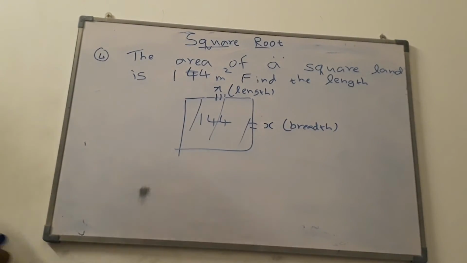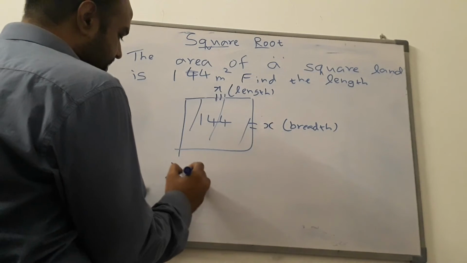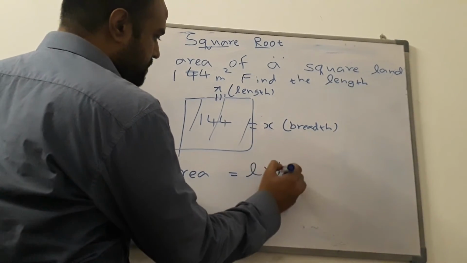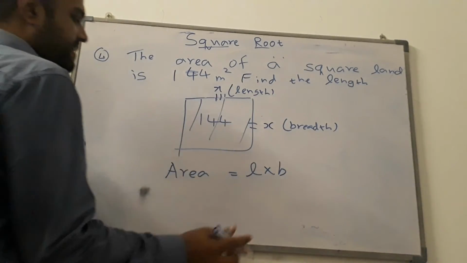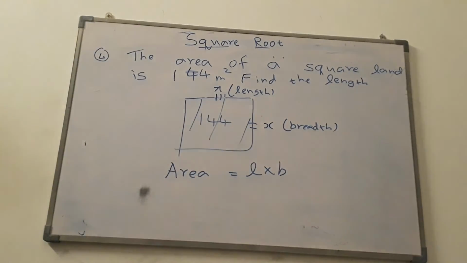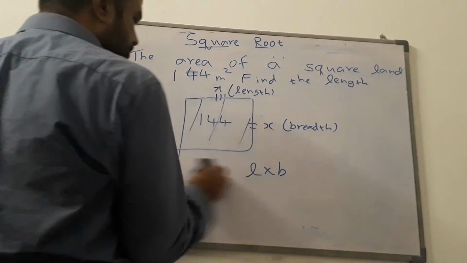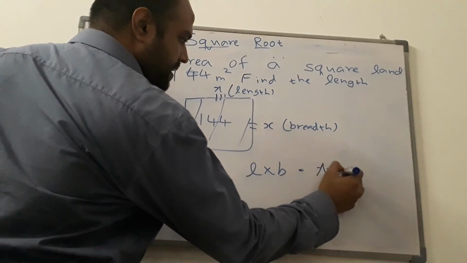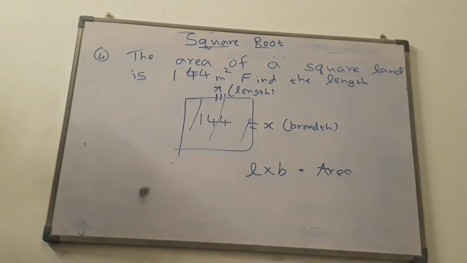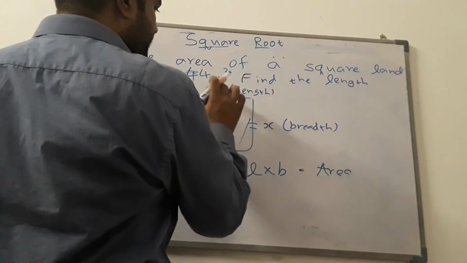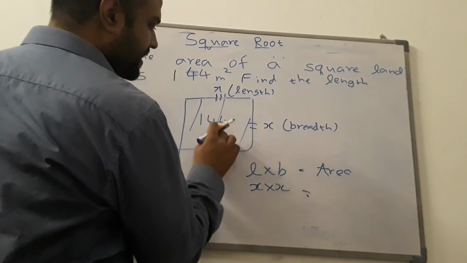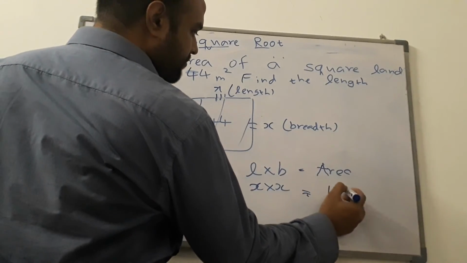Area is equal to length times breadth. Length is x, breadth is also x. So x times x is equal to area, 144.